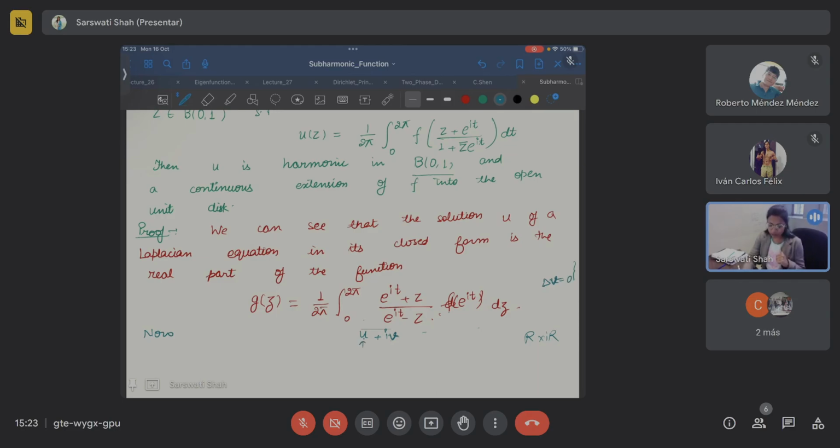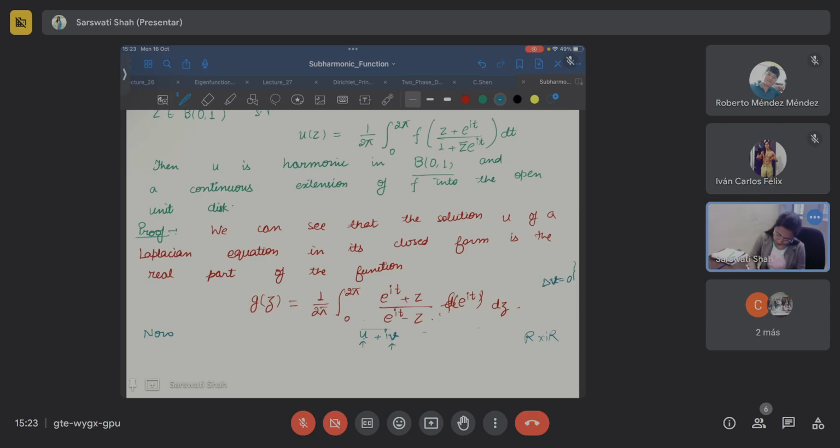So u is a harmonic function, and v is also going to be a harmonic function. So the summation of a harmonic function with iota times another harmonic function, like u plus iota v, is going to be a holomorphic function in the complex space.